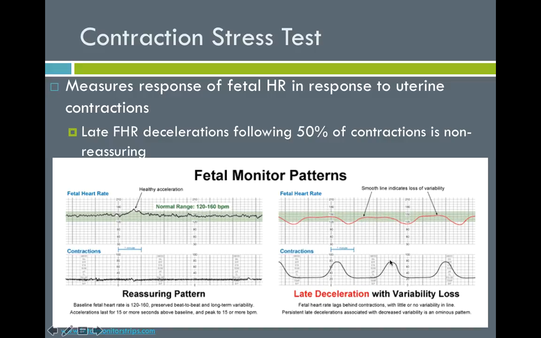And then again, contraction, a late deceleration, and that smooth line. This is a non-reassuring pattern, so we want to make sure we're evaluating, possibly prepping mom for a C-section if this is the case.